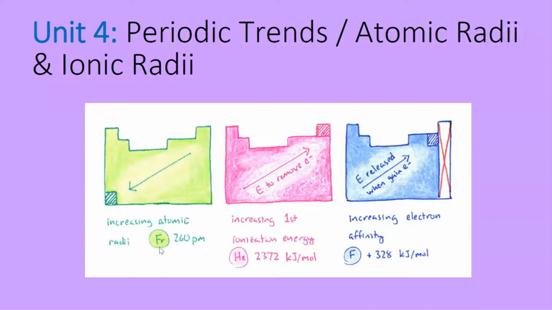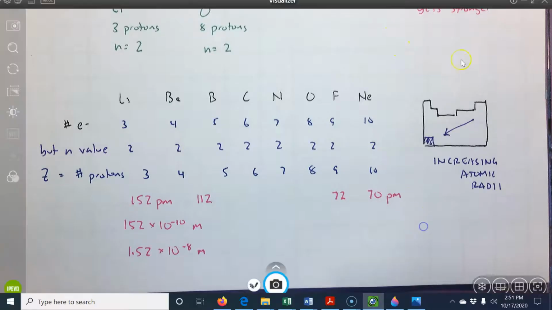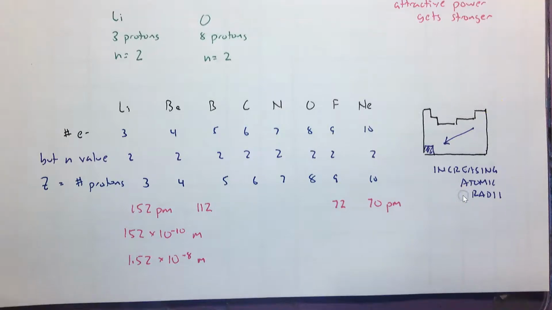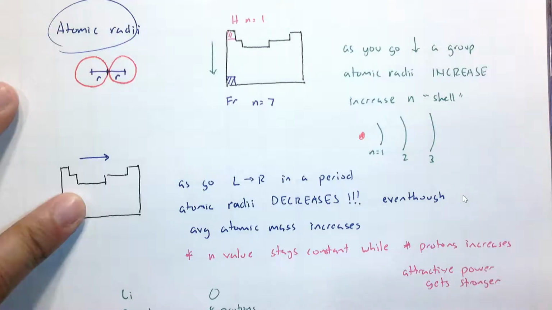Then the second trend, it's not really a trend, but you have to know what happens when you make these atoms charged, either gain an electron or lose an electron, and what happens to their radii in comparison to the neutral atom. So let me show you that. This first page was atomic radii. The second page will be ionic radii.